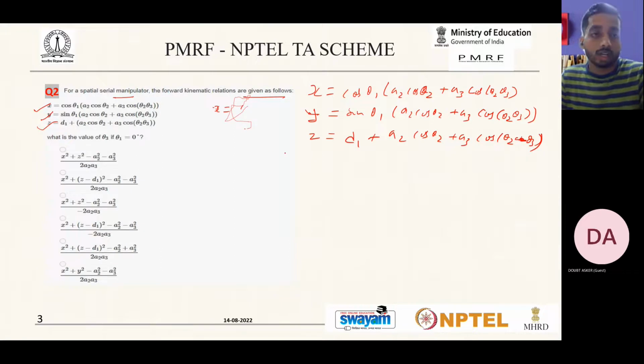The question here is: if theta 1 equals 0 is given, what will be the value of theta 3? So what do we have to do?